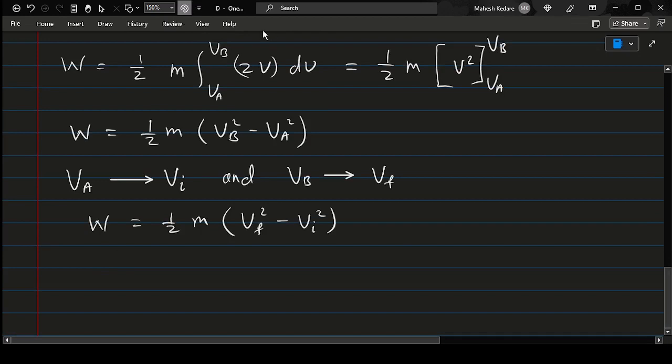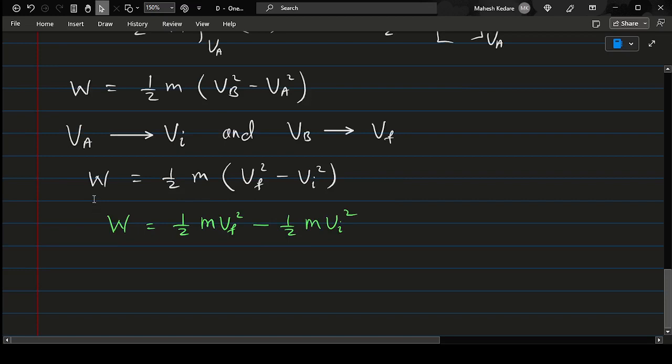And finally, we have work equal to half m Vf square minus half m Vi square. This equation has a special significance.